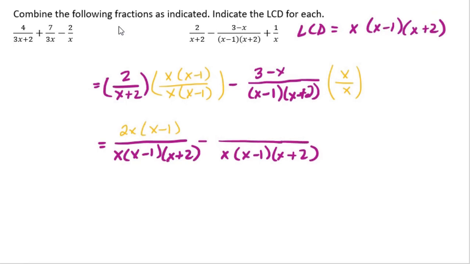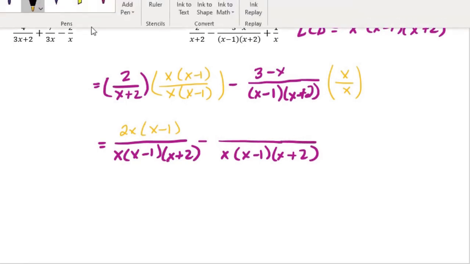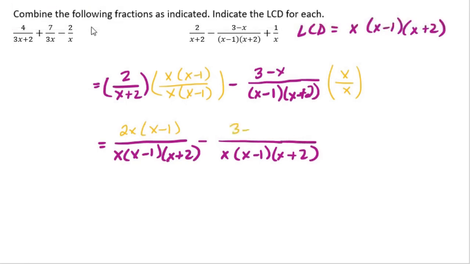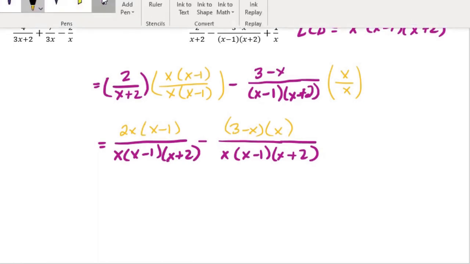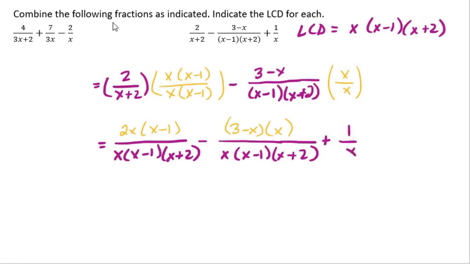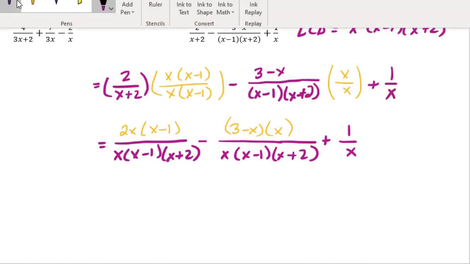I haven't given myself quite enough room here. And we have 3 minus x times x as our numerator. I'll be careful here and copy this down quite slowly. And finally, 1 over x, well, should have written that up here. 1 over x, that's missing both the x minus 1 and the x plus 2.